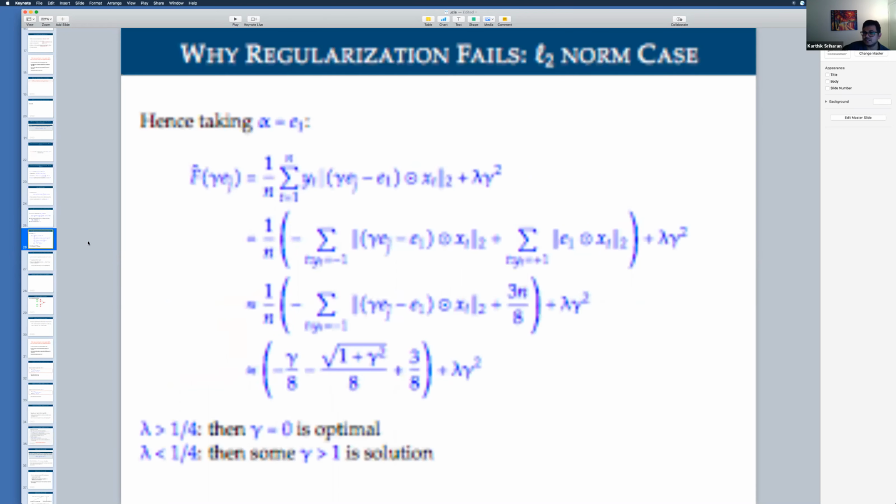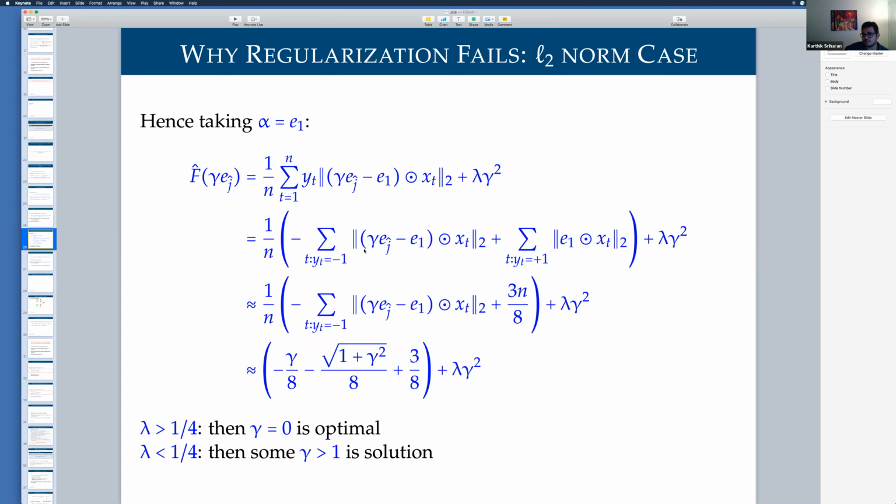So when I look at this instantaneous loss, whenever y_t is negative, on those instances I'm going to have this gamma times e_j hat component. Whenever y_t is +1, there is no gamma times e_j hat component. That's the key idea.